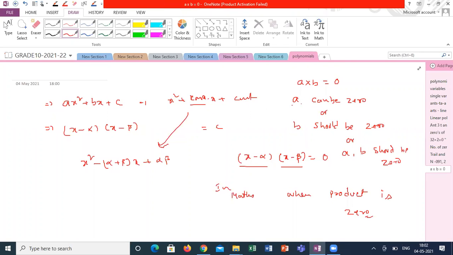Then the whole expression can be 0. From here, I can say either x minus alpha can be 0 or x minus beta can be 0. Then only the expression can be 0. So x is equal to alpha or x is equal to beta.